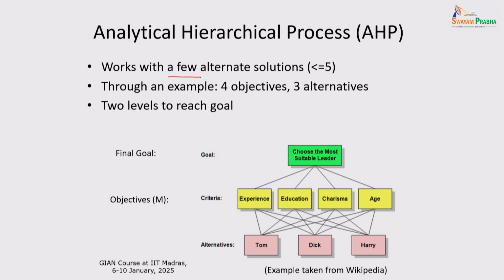So here is an example. Let me show it with an example problem. This I have taken from the internet. Let's say I am trying to choose a suitable leader for a company, and I have 4 different criteria for choosing that person. What is their experience level? Are they young or do they have a lot of experience?